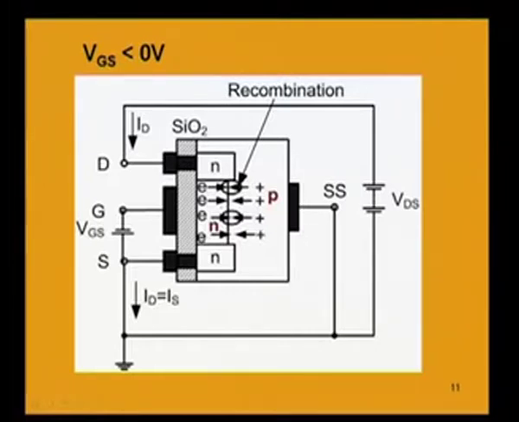That has to be kept in mind, because we are applying a negative gate to source voltage, and the threshold voltage is that negative voltage between gate and source when the current from drain to source will be 0. So, this is the reason why this type of MOSFET is known as depletion type MOSFET. The name originates from this depletion, but there is another phenomenon also, which is the enhancement phenomenon.